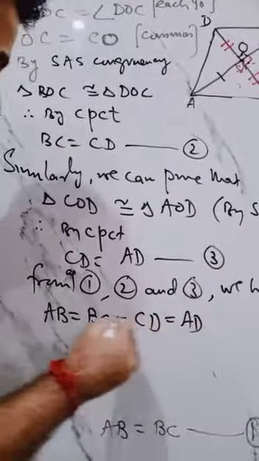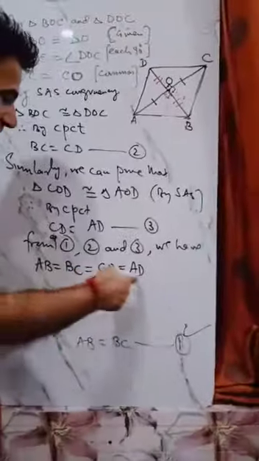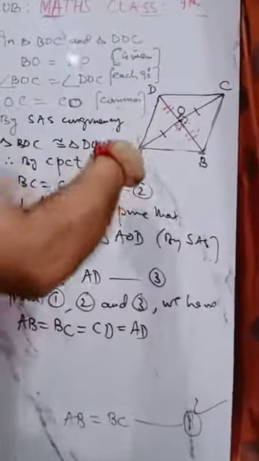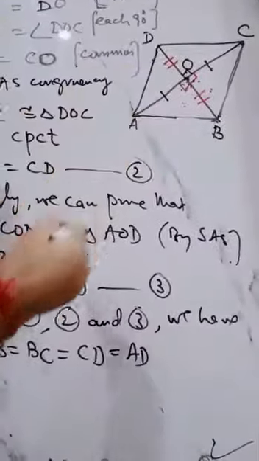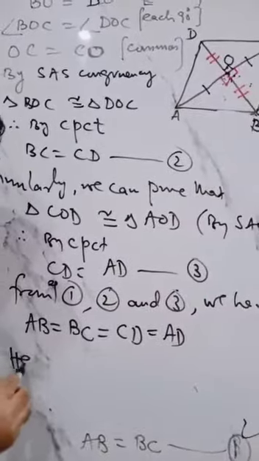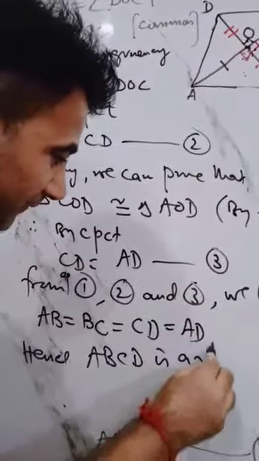So we have all the sides equal. When all the sides of a quadrilateral are equal and the diagonals bisect each other, this is called a rhombus. So hence ABCD is a rhombus.